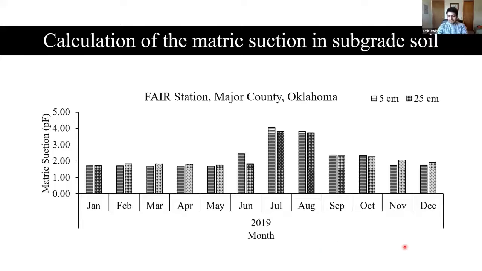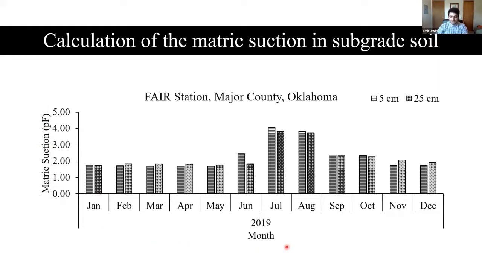All right, I think now that we've gone through lots of formulas, everyone wants to see some graphs. So here, first of all, we have the surface suction measurements that we obtained through Oklahoma Mesonet. As you can see, we have two depths of measurement, 5 centimeter and 25 centimeter depth. We, of course, convert them to pF for demonstration here.